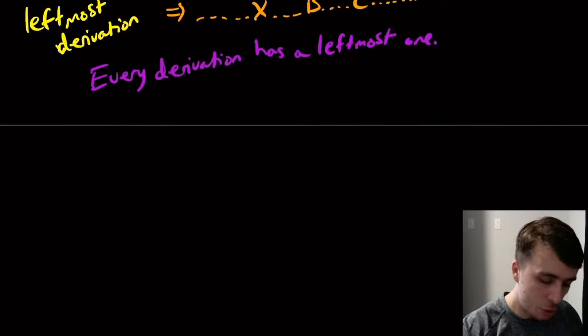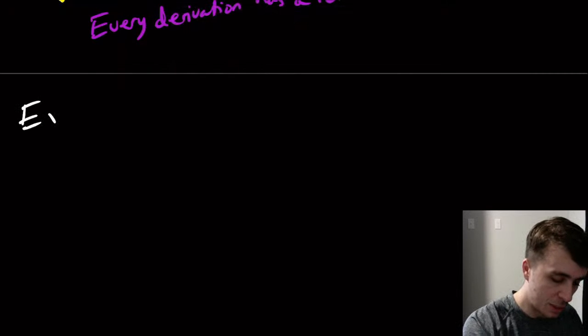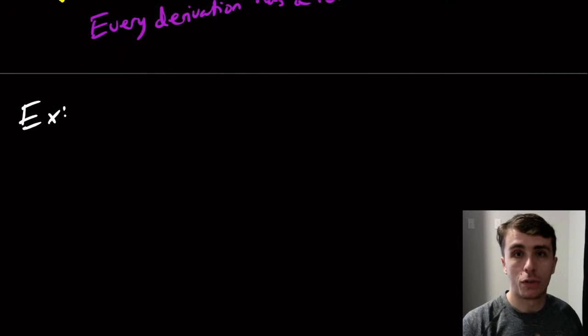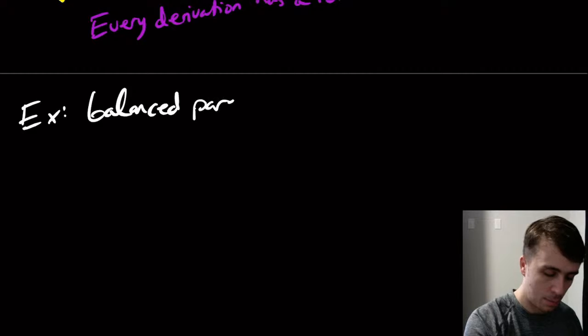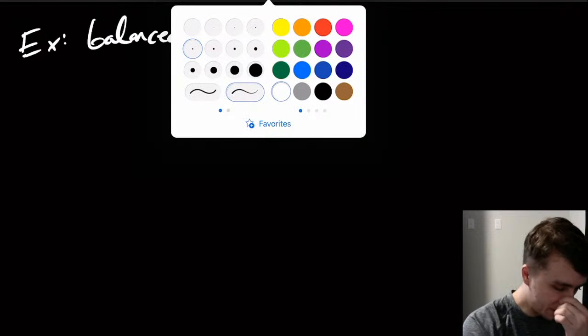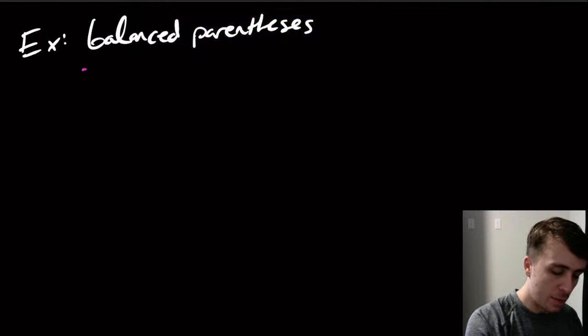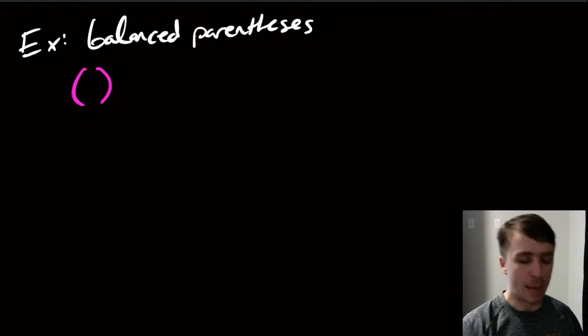Okay, so let's do another example of a grammar. So here's an example. This one's useful for programming languages, and it's called balanced parentheses. So if we have a string here, let's say, of parentheses, if I have the left parenthesis and then the right one, then we call that balanced.